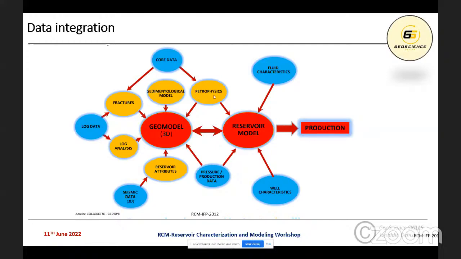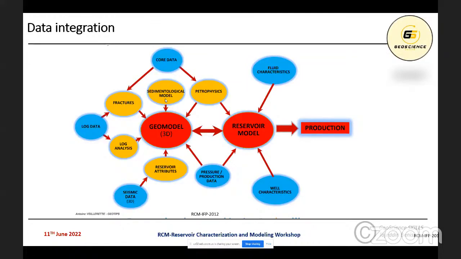We have the petrophysicist from the core data. We have the sedimentological model that we talked about earlier, provided by the sedimentologist. Fractures will be provided by the geophysicist, or also by the sedimentologist if we can spot these fractures from core. We have the log interpretation from the log analyst.